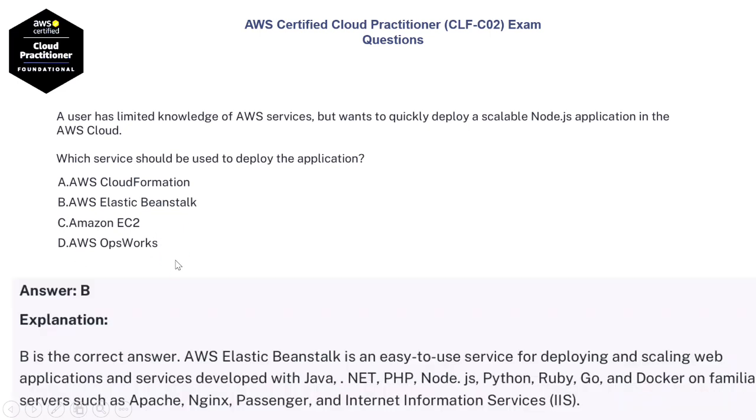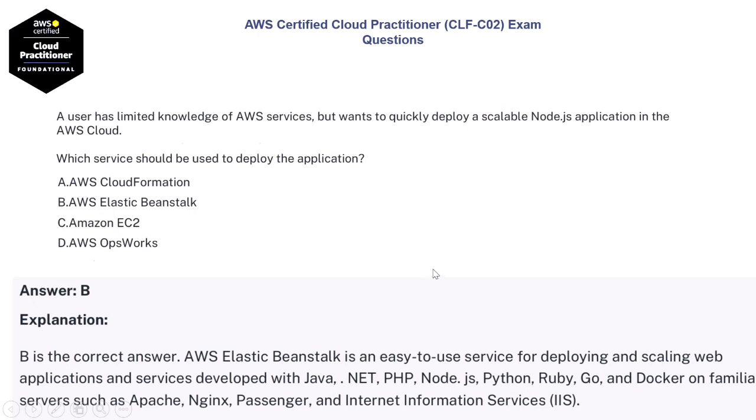The correct answer is option B. AWS Elastic Beanstalk is an easy-to-use service for deploying and scaling web applications and services developed with Java, .NET, PHP, Node.js, Python, Ruby, Go, and Docker on familiar servers such as Apache, Passenger, and Internet Information Services.